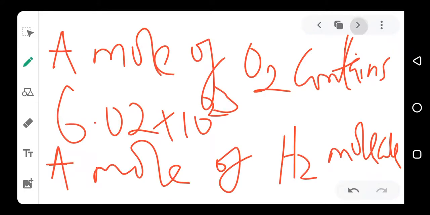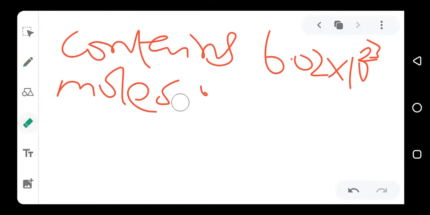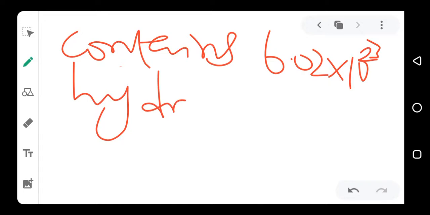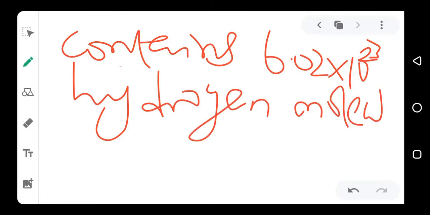A mole of hydrogen molecule, yes. Hydrogen molecule. So whenever you hear a mole, the first thing that will come to your mind is that constant, that number, 6.02 × 10^23. You should never forget it as a chemistry student.